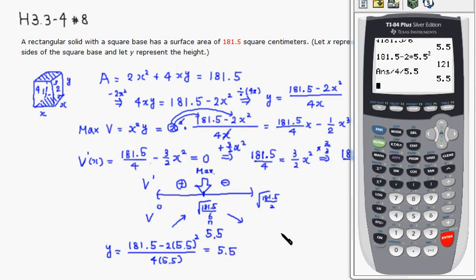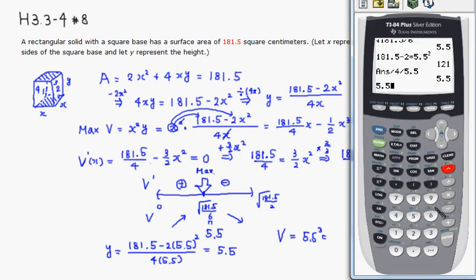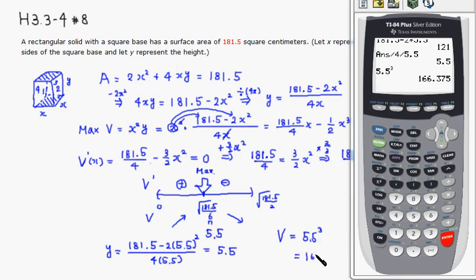So the volume is going to be 5.5 times 5.5 squared, so it's 5.5 cubed. 5.5 raised to the third power is 166.375.